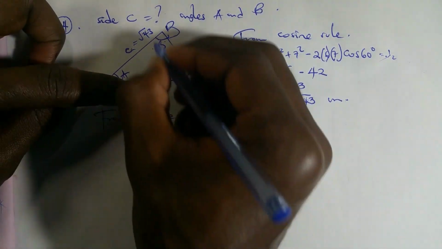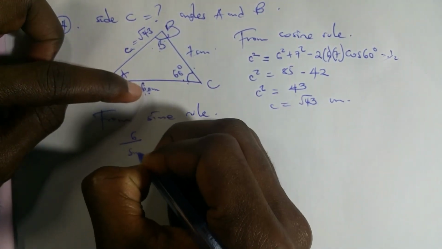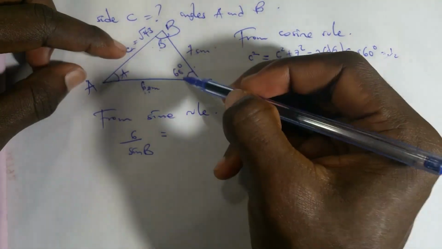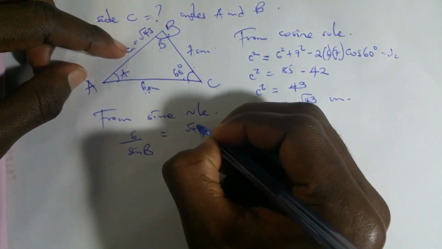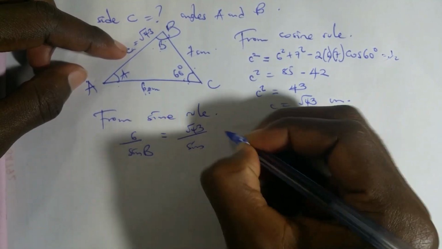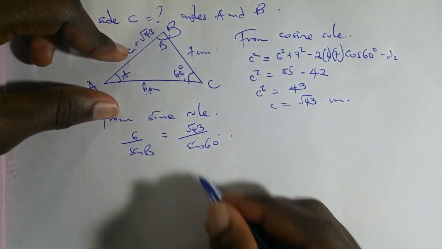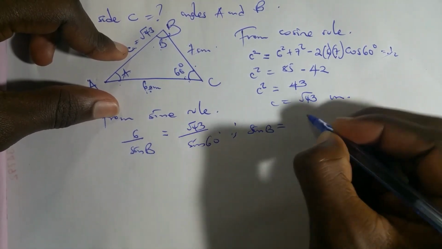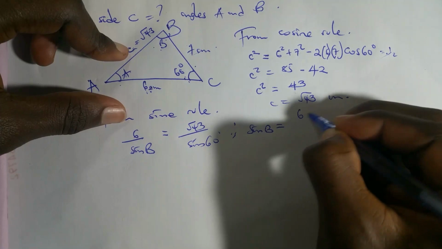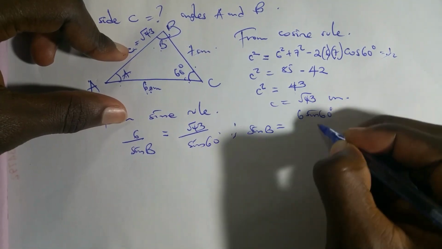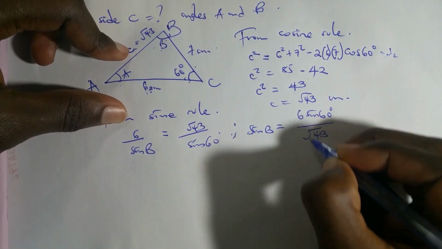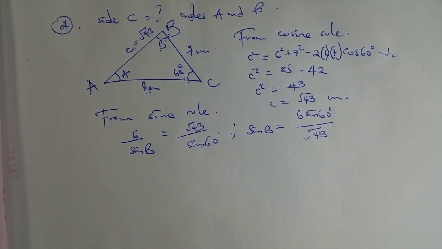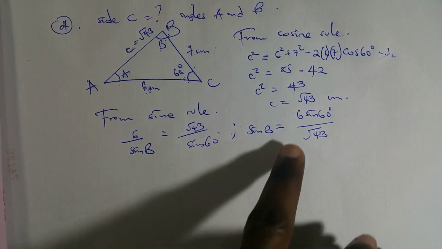So 6 out of sine B is going to be given by root 43 out of sine 60. So we can solve for B here. It implies that sine B will be equal to 6 sine 60 out of root 43.